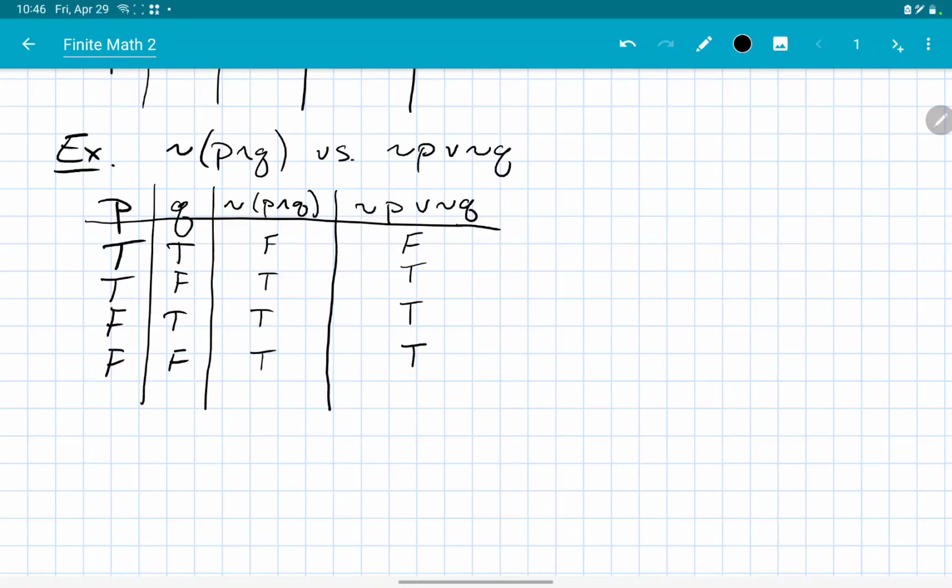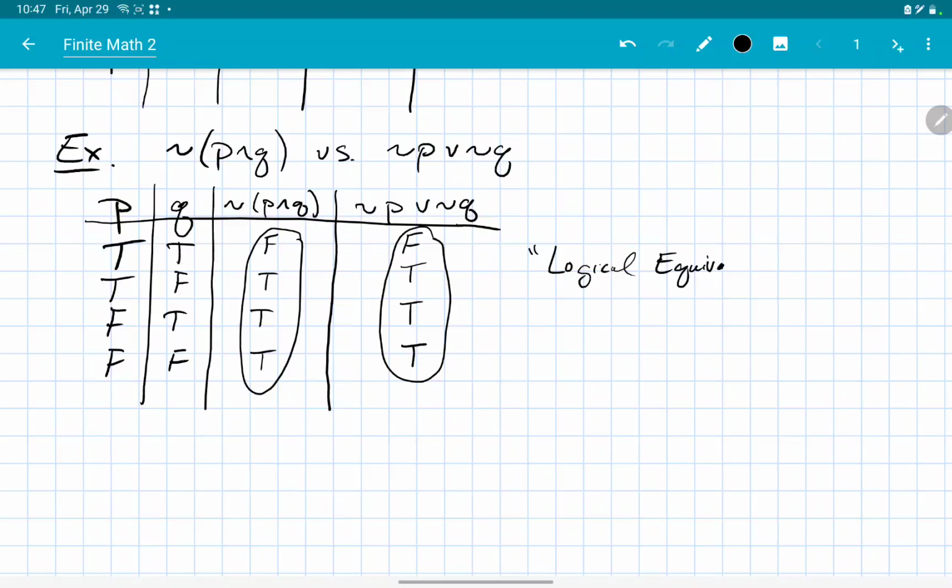And you notice that these columns are the same. And so this means something called logical equivalence, meaning that they are the same statement as far as logic is concerned.